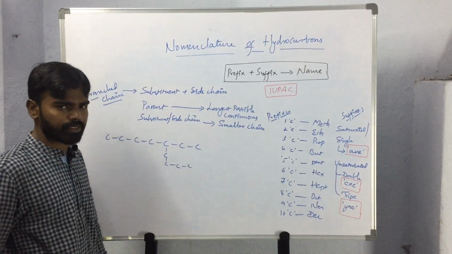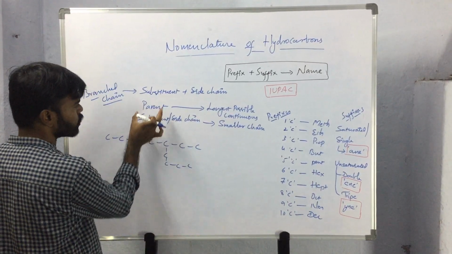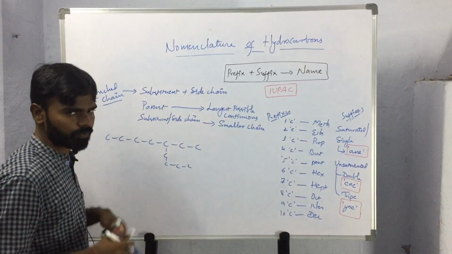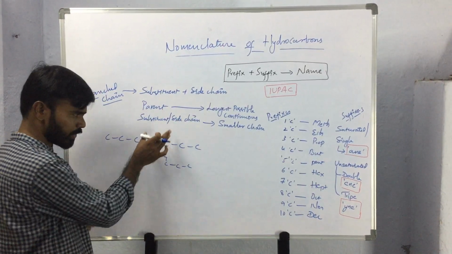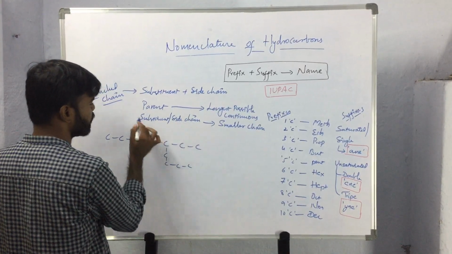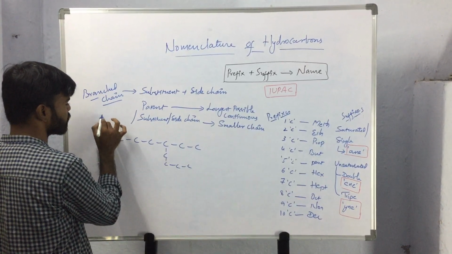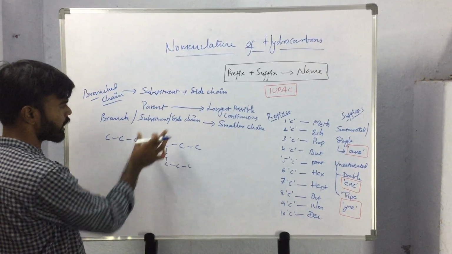So this is the example. So we have to select the parent chain and the substituent chain. First of all, we have to select the parent chain and the substituent, or we can say the side chain. So this substituent or side chain we can also call as branch. This is called as branch.